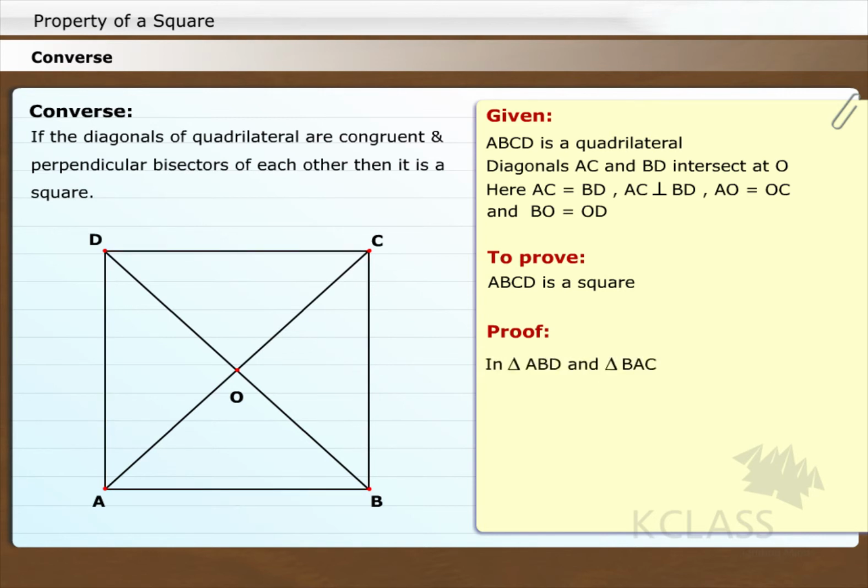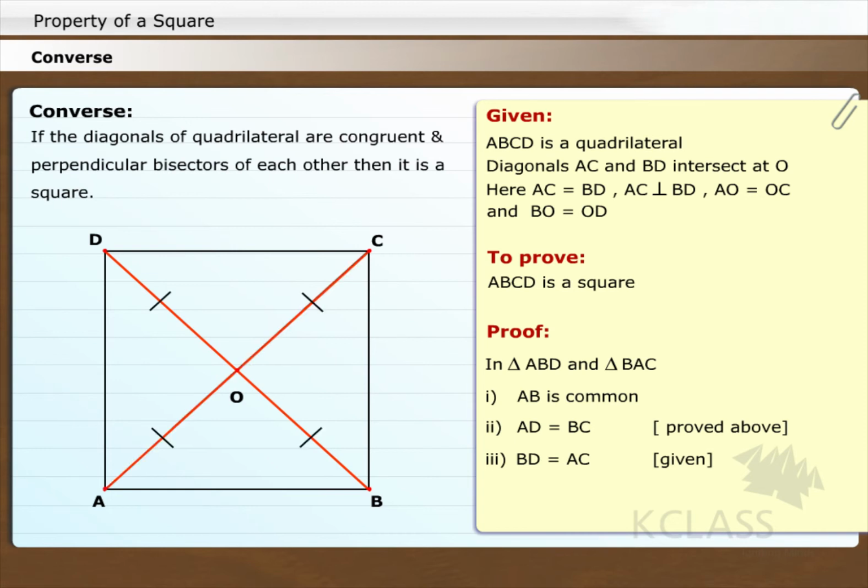Now, in the triangles ABD and BAC, AB is the common side in both the triangles. AD is equal to BC, which has been already proved before. It is given that BD is equal to AC.